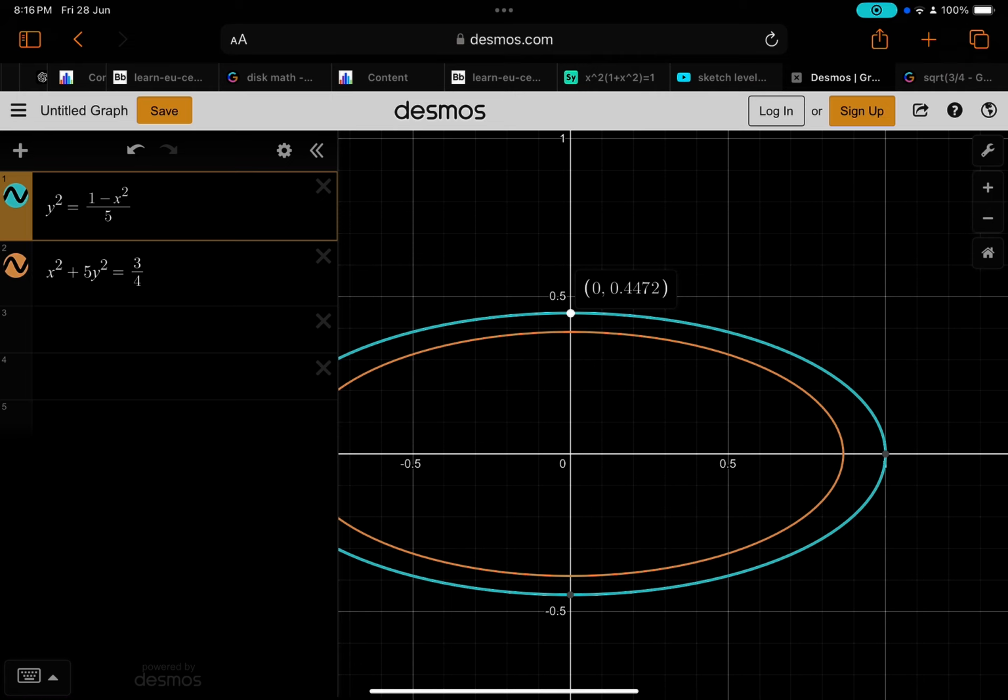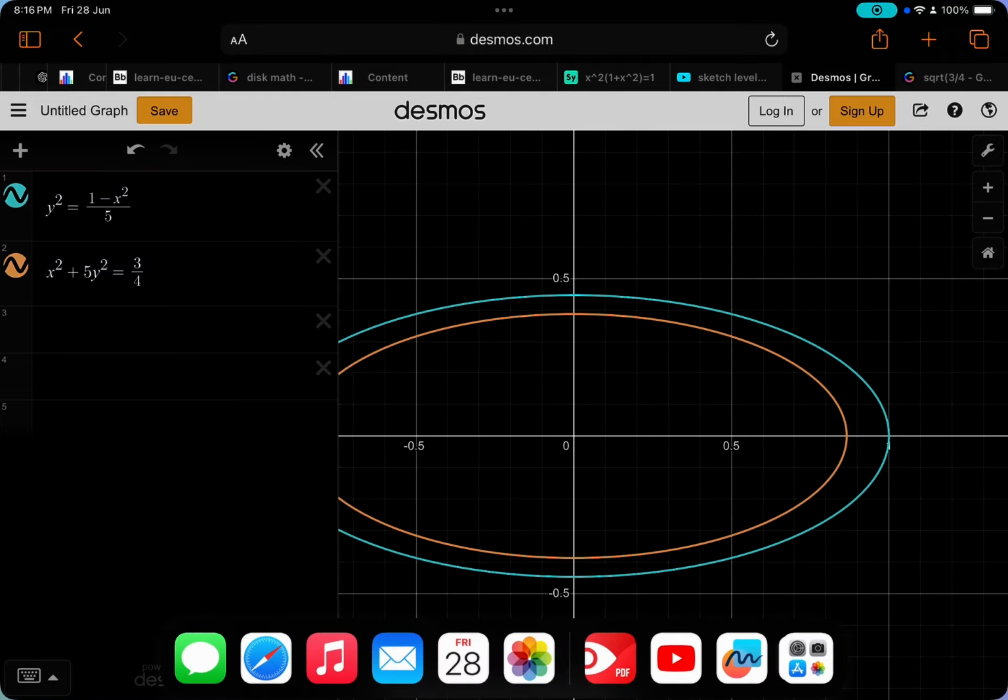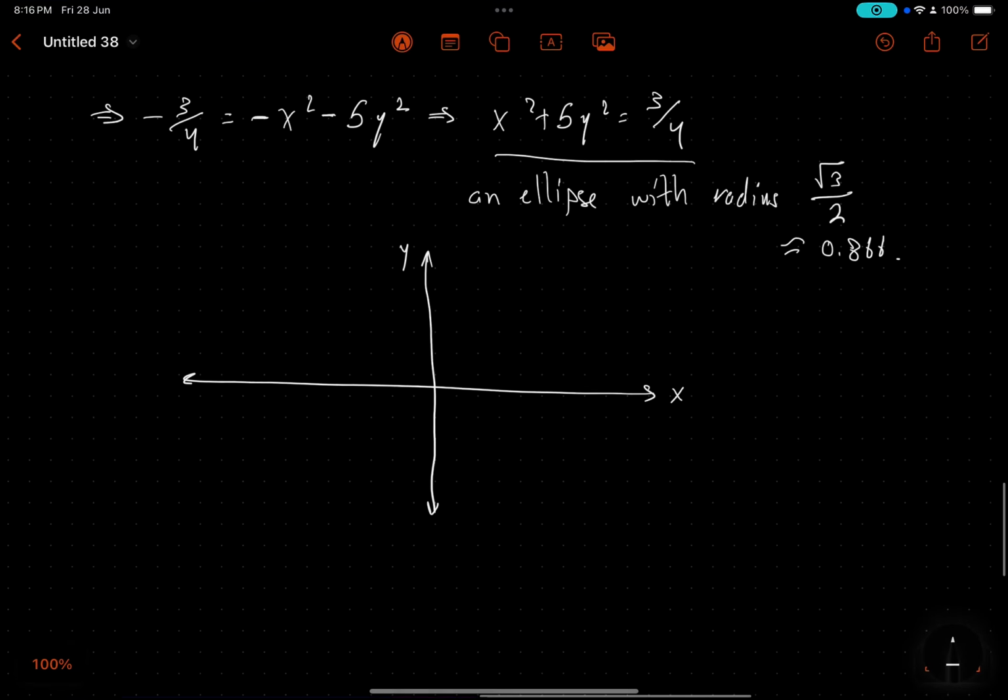If we let x equal 0, we're going to get the square root of 1 over 5. So the intersection here is the square root of 1 over 5, which is 0.44. Let's write it in this form, 0.44.